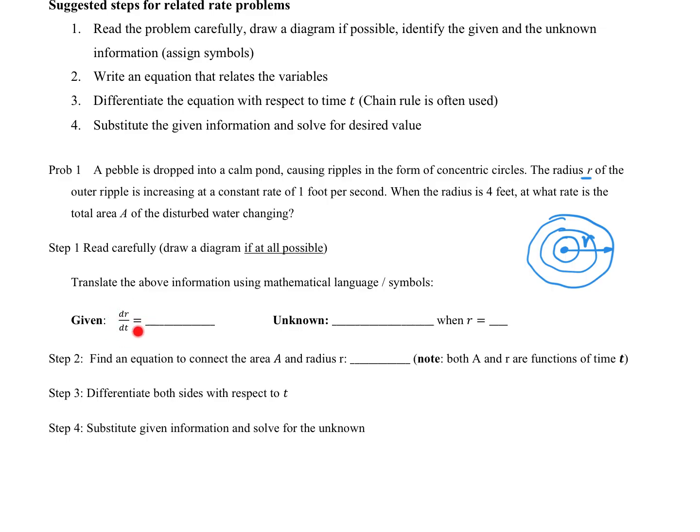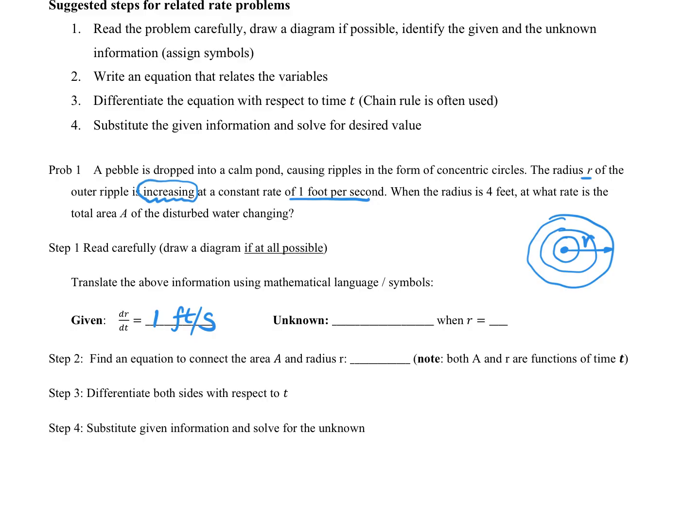At different times, the radius is different. So dr/dt is changing at 1 foot per second, right? It's given right there, and this is telling us the rate.